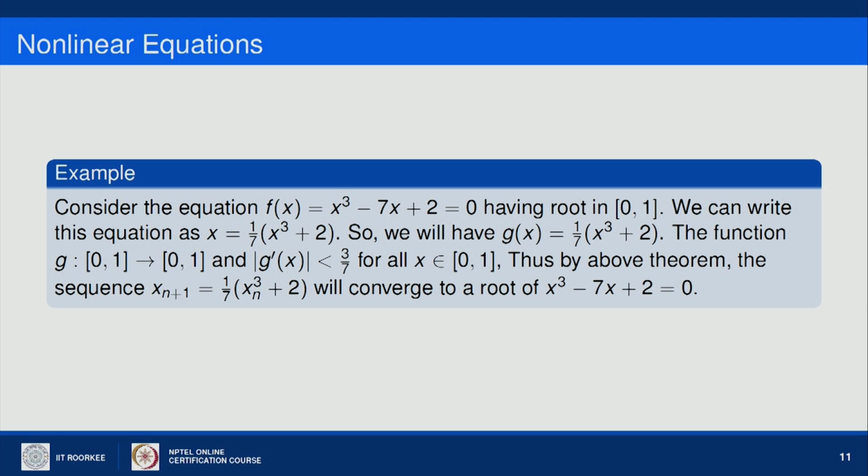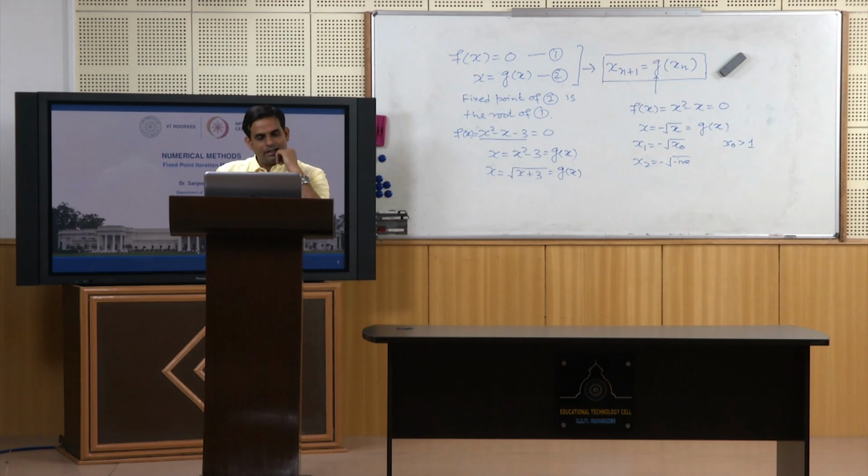Thus, by the convergence condition of the fixed point iteration method, the sequence x of n plus 1 equals 1 upon 7 times x n cube plus 2 will converge to a root of x cube minus 7x plus 2 equals 0. That is, the fixed point of this equation will give you the root of this equation. The algorithm works like this.